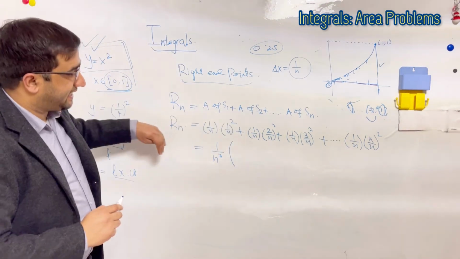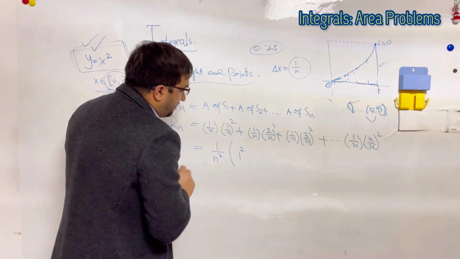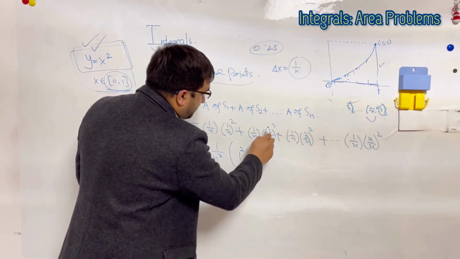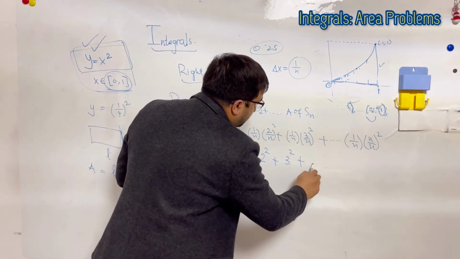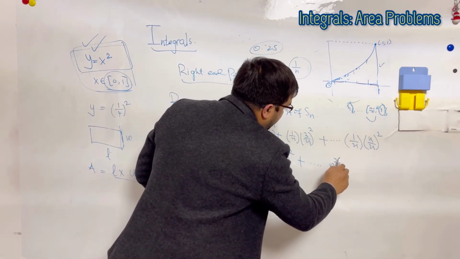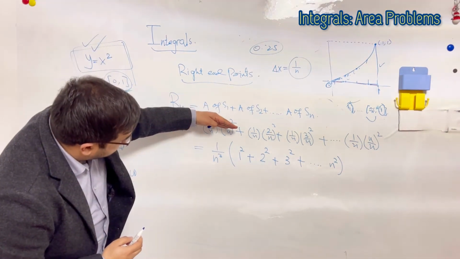So the bottom is taken out. Only left is the upper things square: 1 square, 2 square, 3 square, up to n square. You have taken out all the bottom.